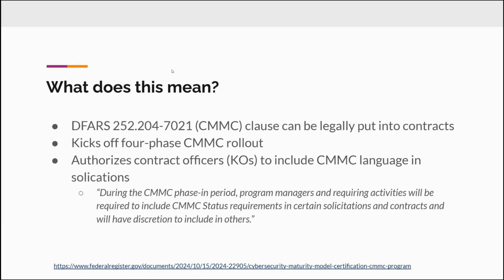So the point of the phase rollout is to have different waves of contracts be included. However, they've given the power to KOs to have discretion to say, you know what, actually, I want it to be included in this contract, even though this bundle of contracts or this contract that I have is not included in the bundle that's going to be phased.